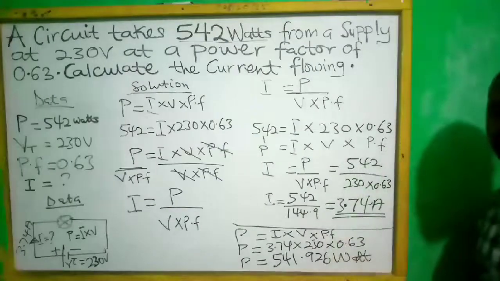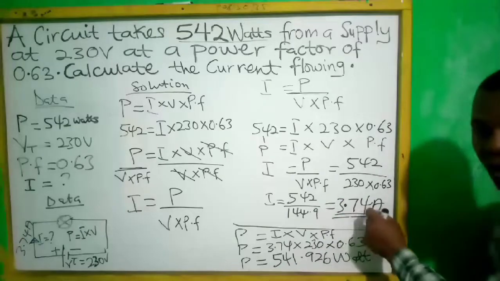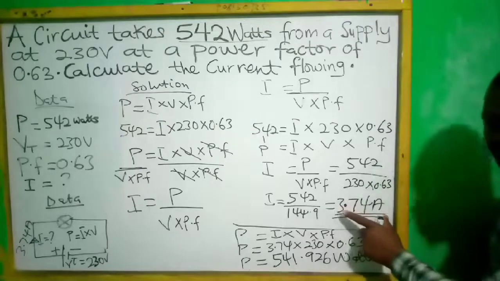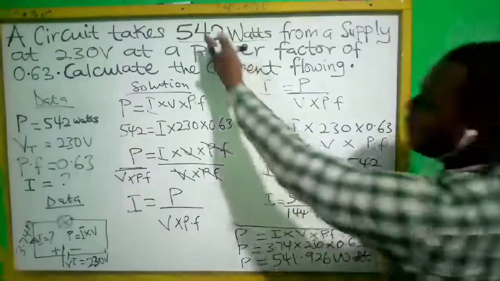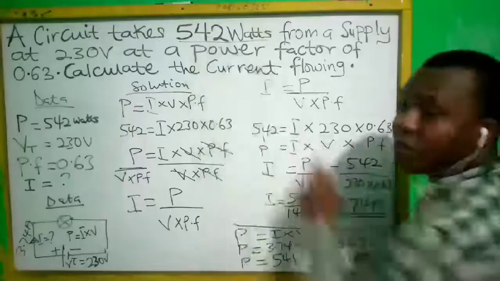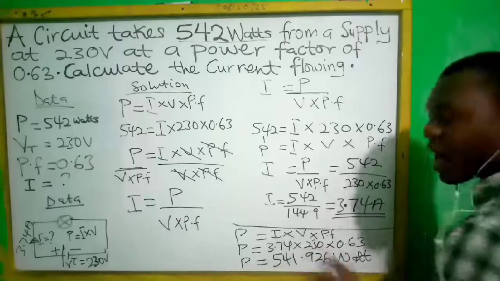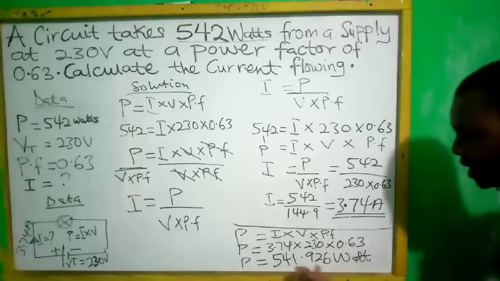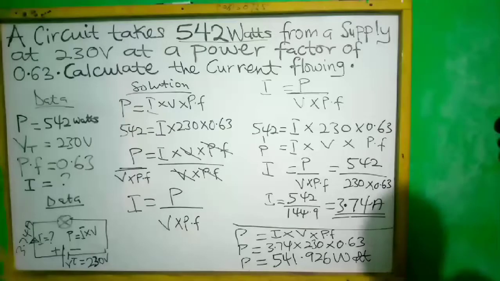But when you write it in a very small form like this, maybe sometimes you will not get exactly 542, but once you get 541.926, approximately we have 542. So this can also be expressed as approximately 542 watts. So this is the answer for when the question is given to you in this form.